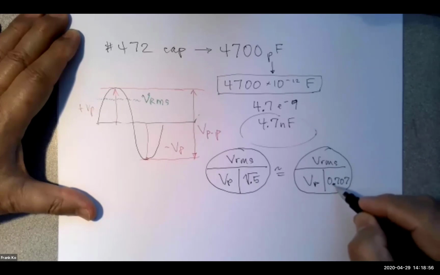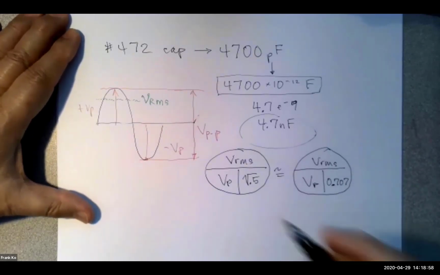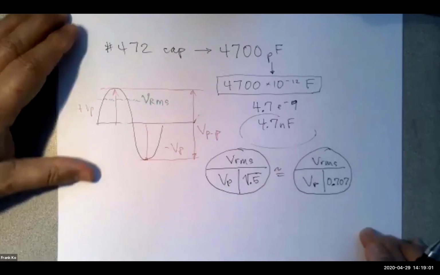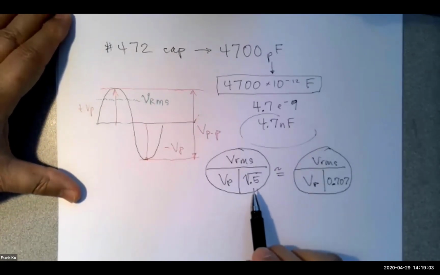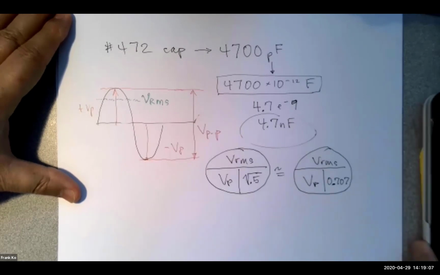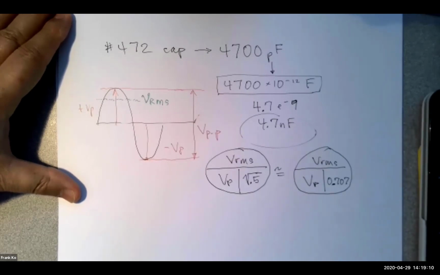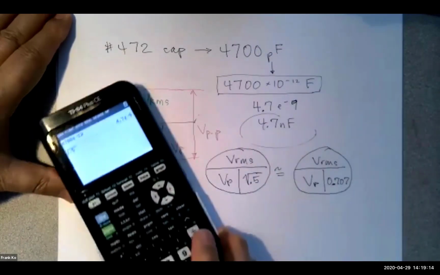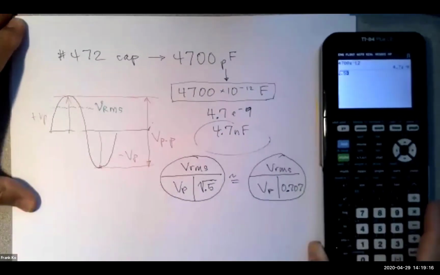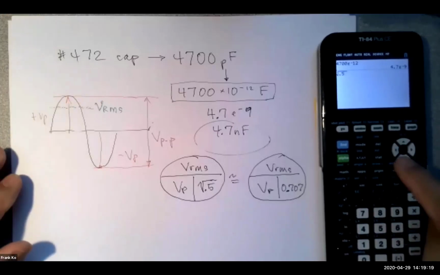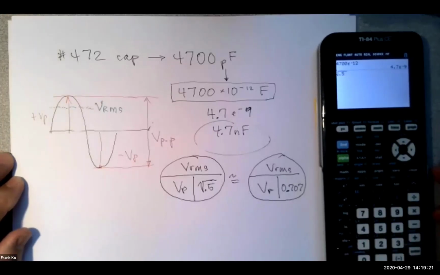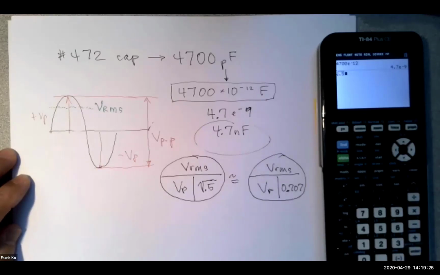So on your calculators right now, just to remind yourselves, because we had this discussion well over a month ago, take square root of 0.5 and hit equals on your calculator and show me what you get. I need to see your calculators on the screen right now.